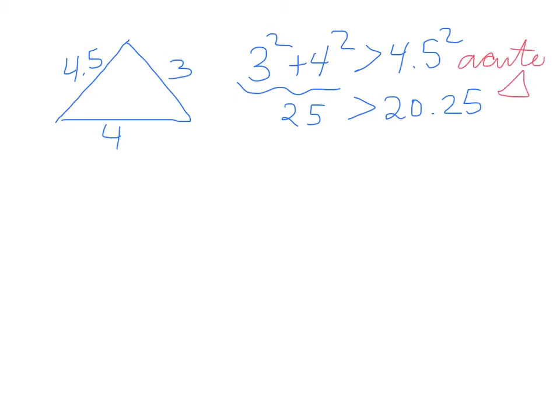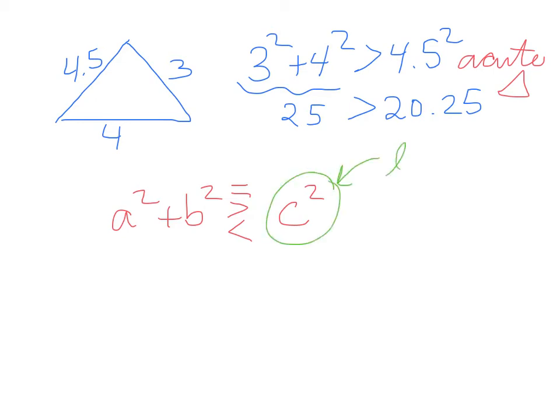So if we have a squared plus b squared, it could equal c squared, it could be greater than, or it could be less than. And for this, because we don't necessarily have a hypotenuse, we're going to say that c squared is the longest side.